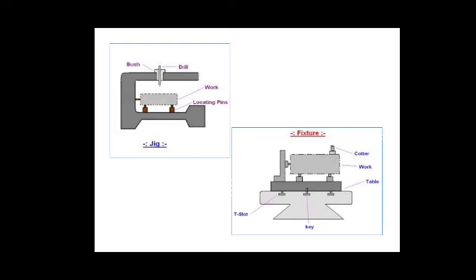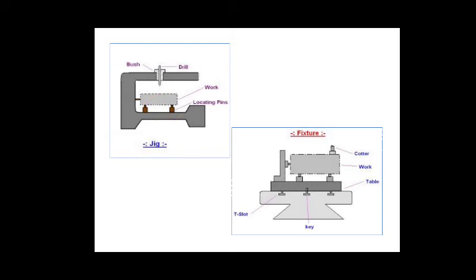It is lighter in construction, and jigs are normally used for drilling, reaming, tapping, and counter boring. Jigs are also called a production device.